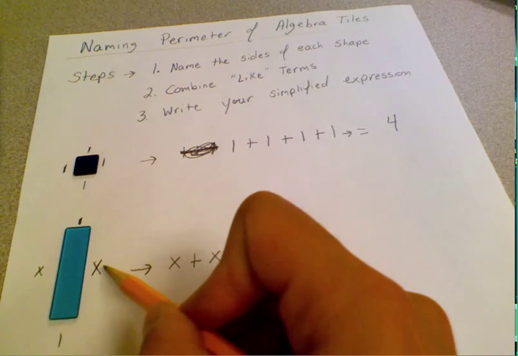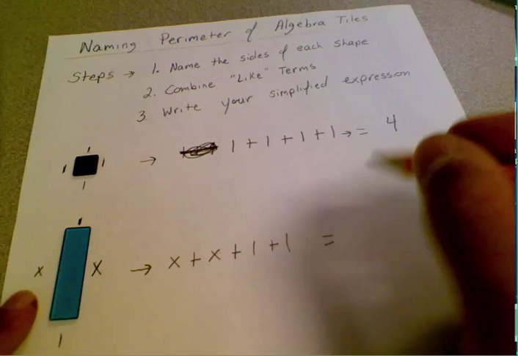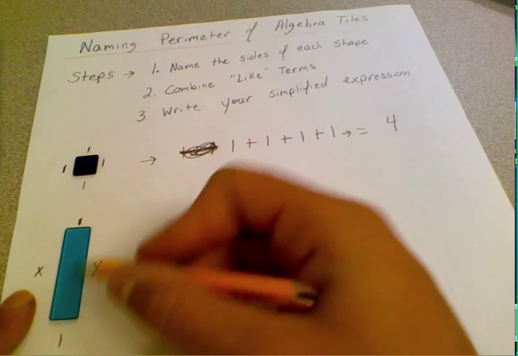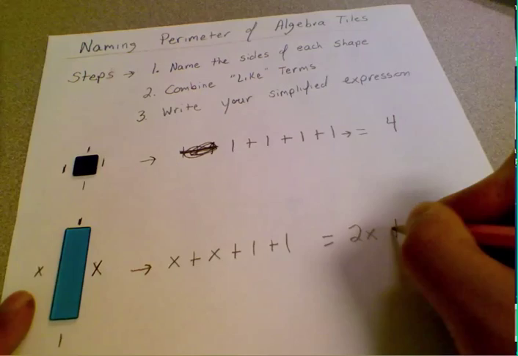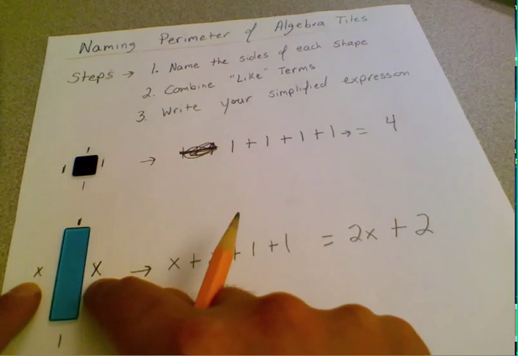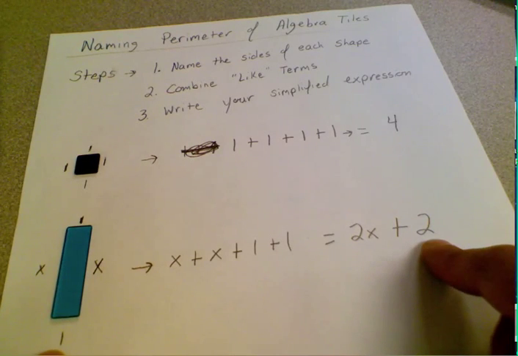The answer should be 2. When I add x plus x, I see that there are 2 x's. And I also see that there are 2 1's. So my simplified expression is 2x plus 2. Here are my 2 x's. When I add 1 plus 1, that is how I get my 2 right over there.